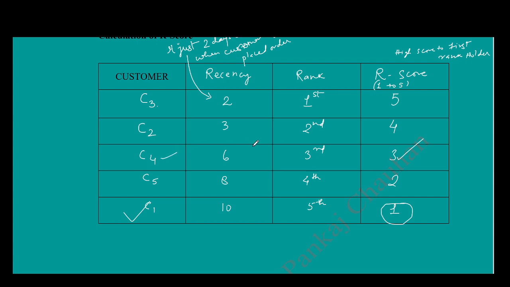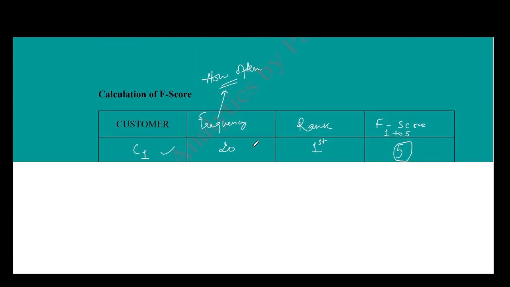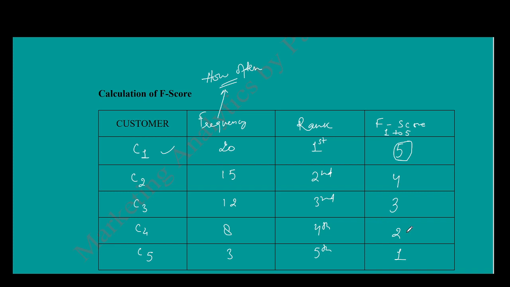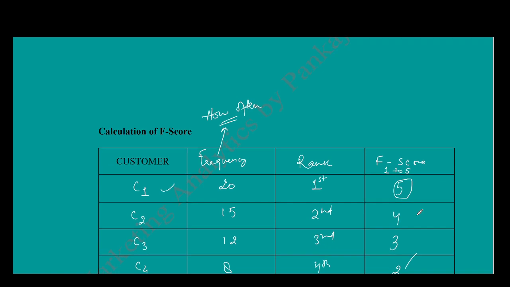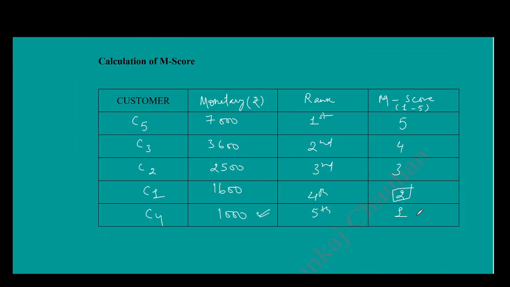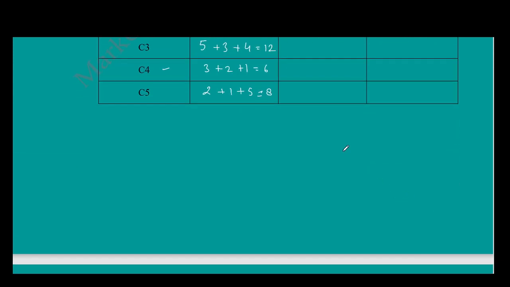The frequency score was 2 and the monetary score was 1. This is how it was, 3 plus 2 plus 1 equal to 6.